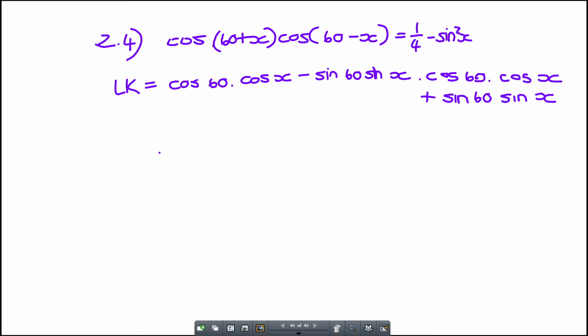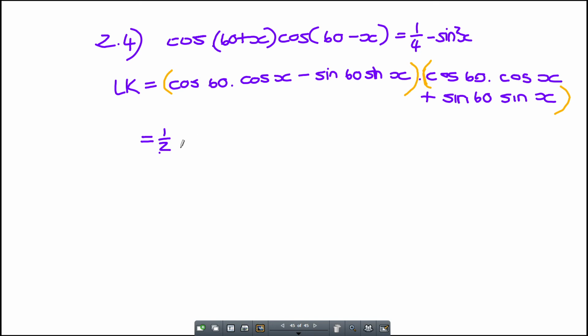Okay, nou, kyk net gou-gou. This whole thing must be multiplied with that whole thing, yes. Good. So kom ons gaan maal gou-gou. Cos 60 is mos dieselfde, I can use my special angles now, né? Is the same as a half.